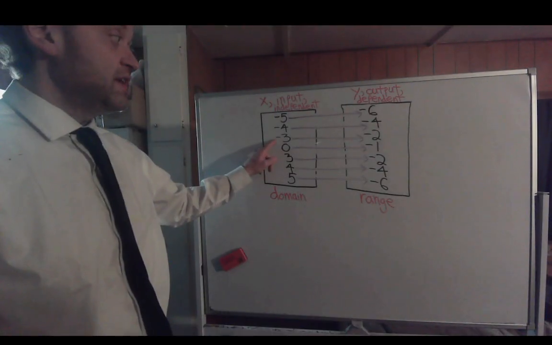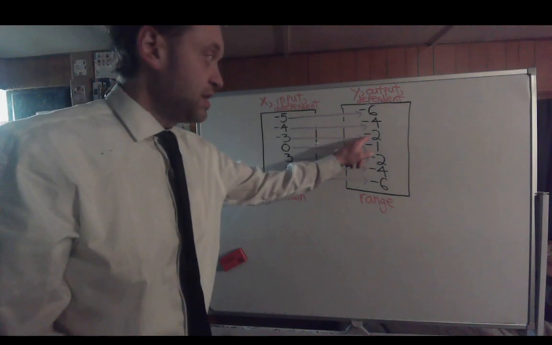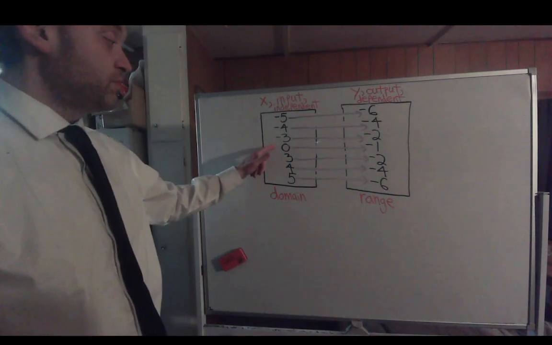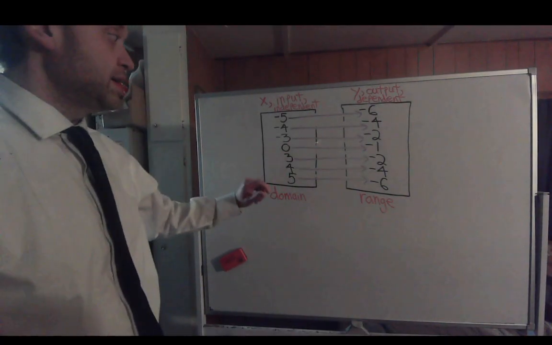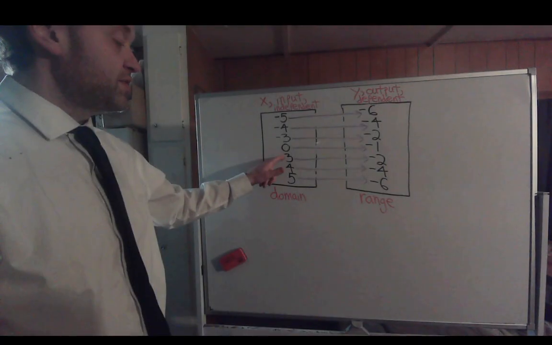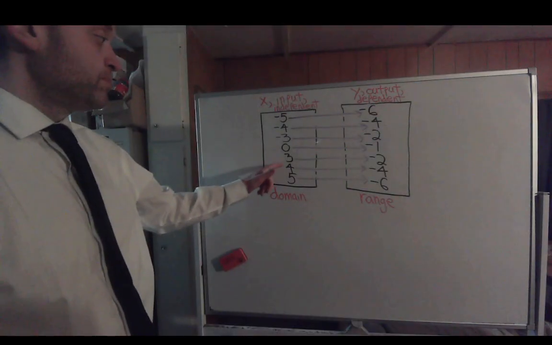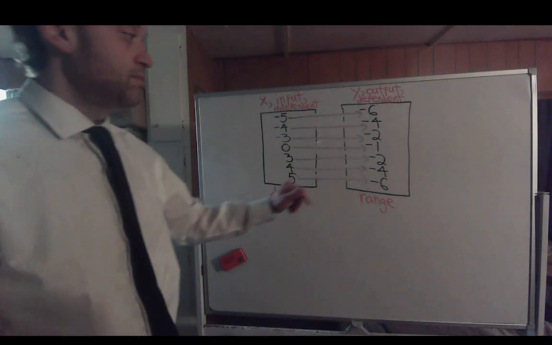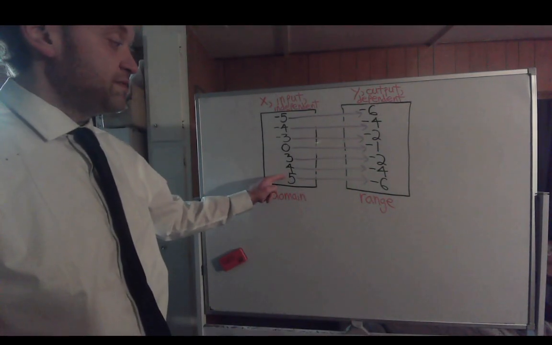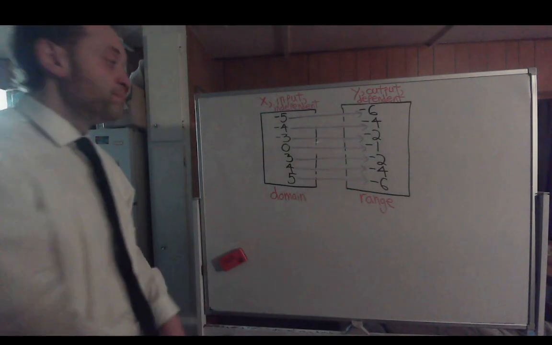If we look at -3 in the domain, it only corresponds to -2 in the range. If we look at 0 in the domain, it only corresponds to -1 in the range. If we look at +3 in the domain, it only corresponds to -2 in the range. If we look at 4 in the domain, it corresponds to -4 in the range. And if we look at +5 in the domain, it corresponds to -6 in the range.